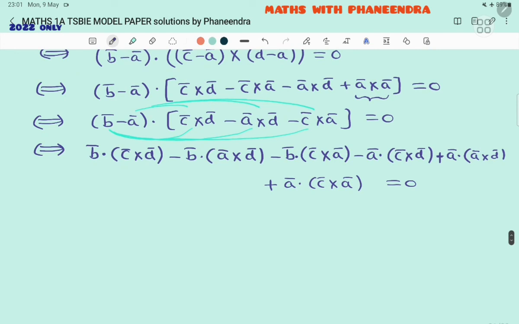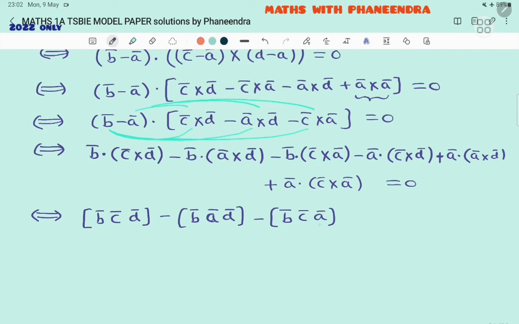So 1 dot 1 cross can be written as box only, no? So box of B bar C bar D bar minus box of B bar A bar D bar minus box of B bar C bar A bar minus box of A bar C bar D bar plus box of A bar A bar D bar plus box of A bar C bar A bar equal to 0.